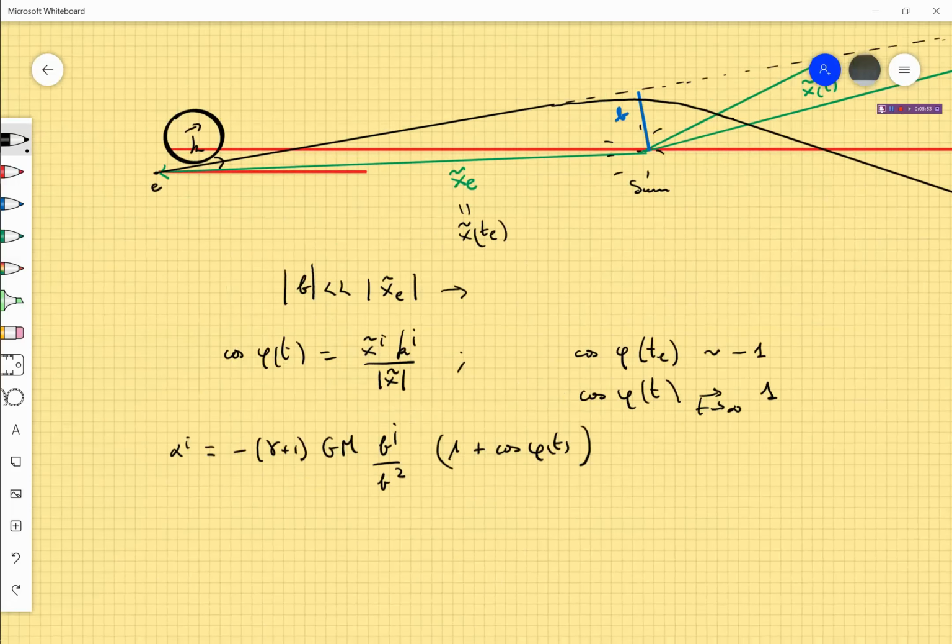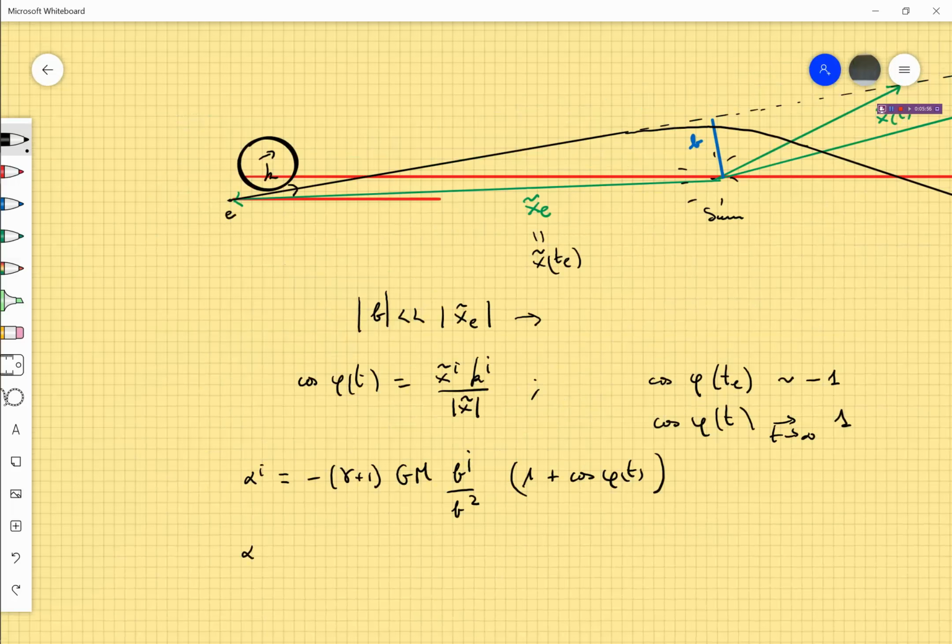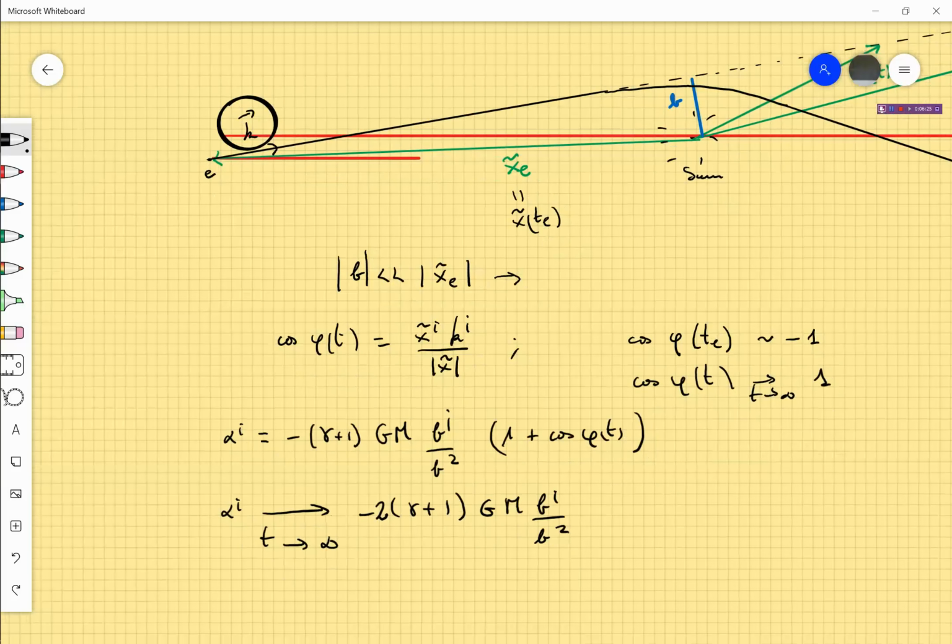This means that alpha i, when t goes to infinity, goes to minus (1 plus 1), (gamma plus 1) G M b i divided by b squared, and then a factor of 2. So it is minus 2. The last thing that we need to do is to think about what the angle is here.